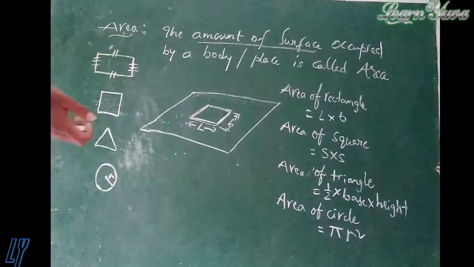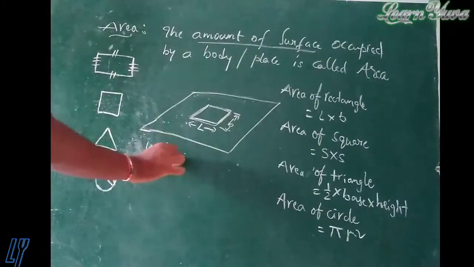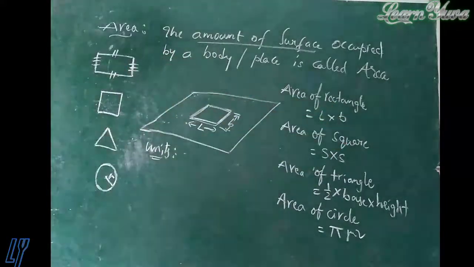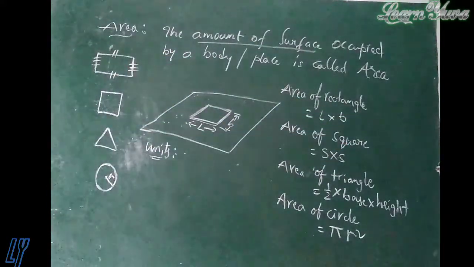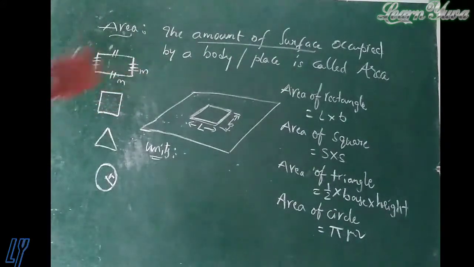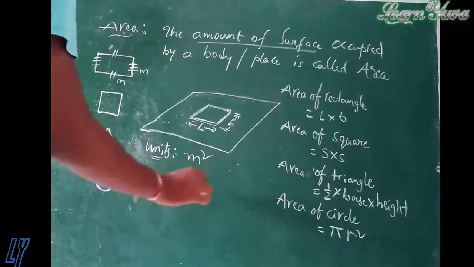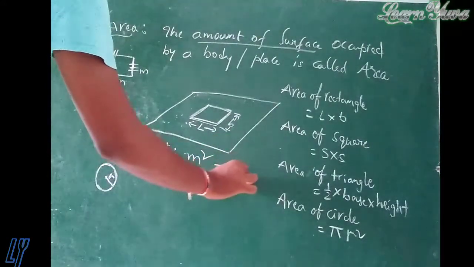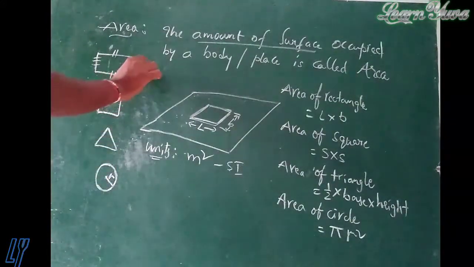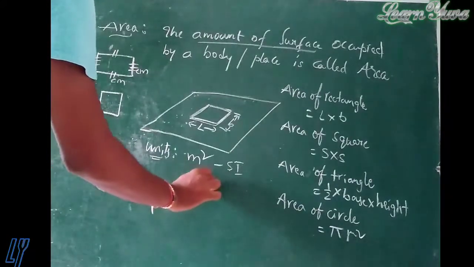Next, units of area. So length into breadth. If length is in meters and breadth is also in meters, meter into meter gives meter square. It is the SI unit. If length is in centimeter and breadth is also in centimeter, centimeter into centimeter gives centimeter square.